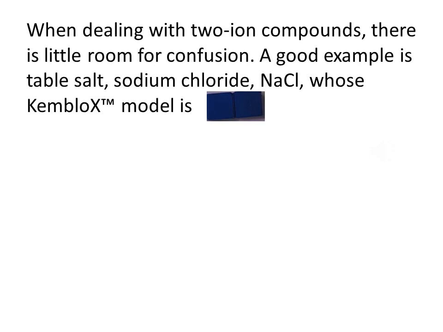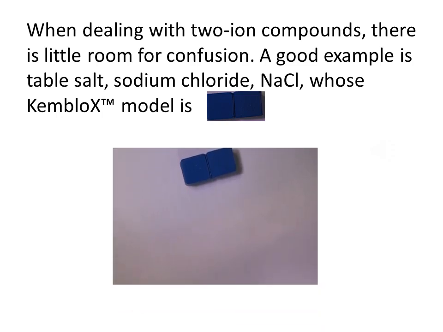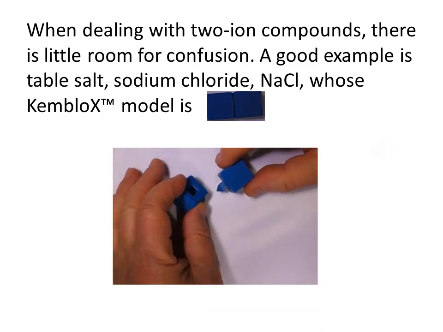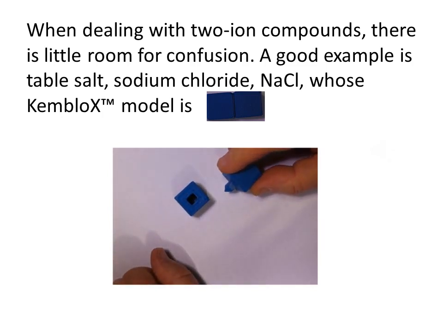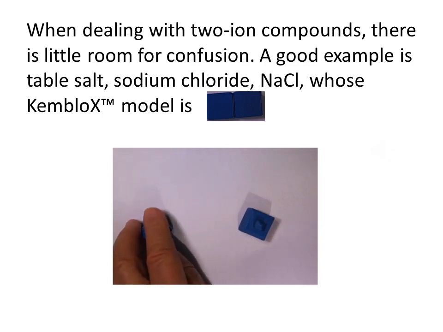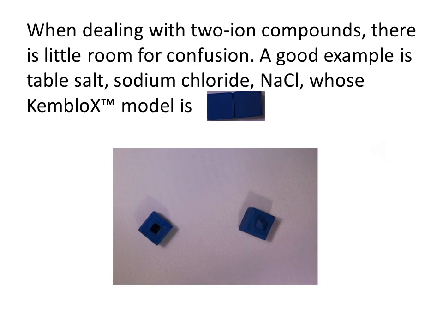A good example is table salt, sodium chloride, NaCl, whose KembloX model is shown. As we see, the two ions, sodium ion and chloride ion, come apart as ions, i.e., they keep their charge. After coming apart, they move independently in the solution, and this process can be symbolically represented by a formula in which sodium chloride dissociates into two ions.